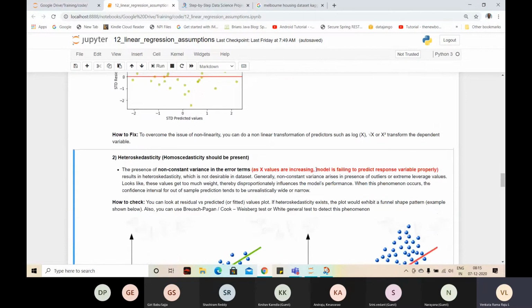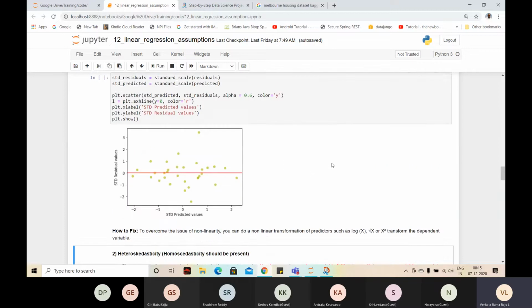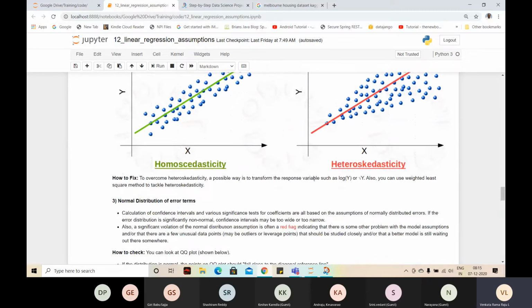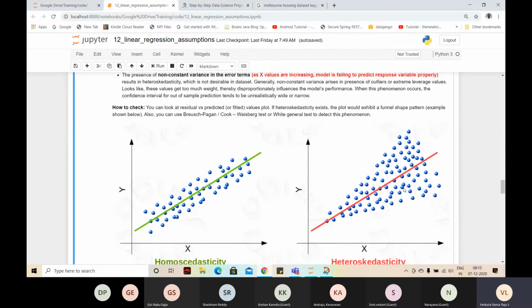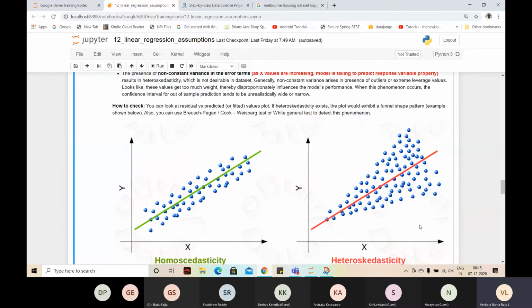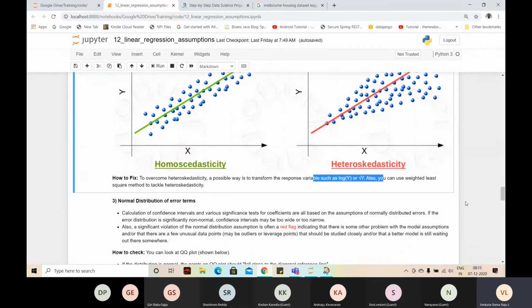So this is heteroskedasticity. To understand whether to apply a transformation on X or on Y, you should know what a predicted versus residuals plot is and how it works. That's where I took this much time. This is not about linear regression or its assumptions.